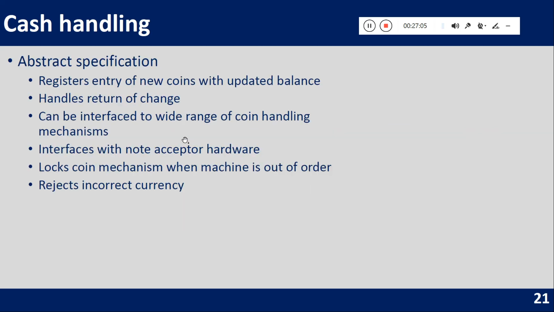And maybe the cash handling, we have the abstraction specification, which is just what kind of functionality it has. You can register the entry for a new coin and update the balance. It can handle everything you can see using a coin, and it can interface to a wide range of coin handling mechanisms.